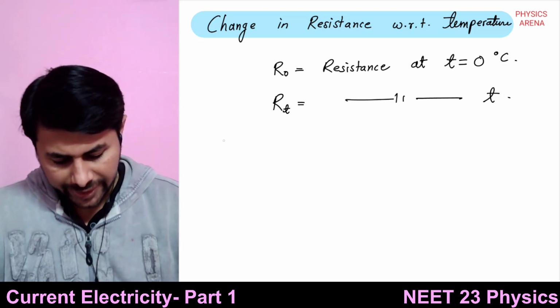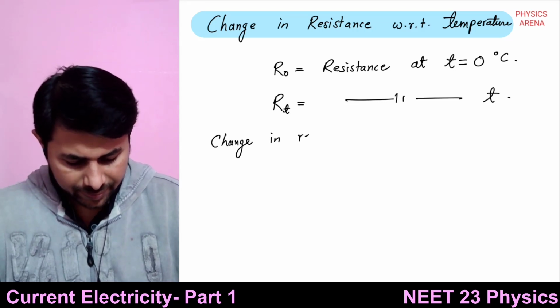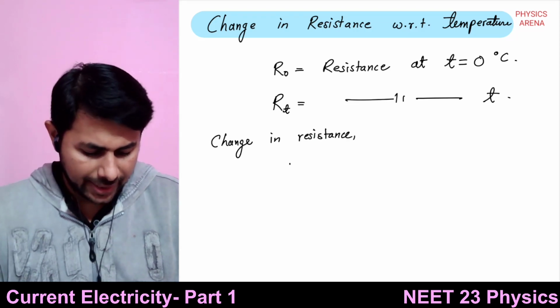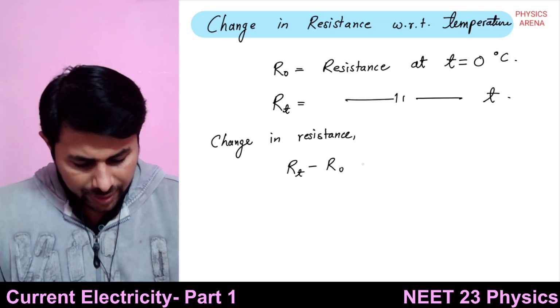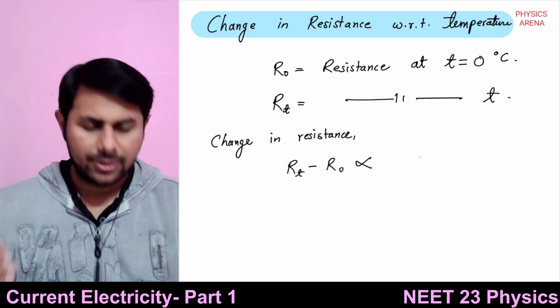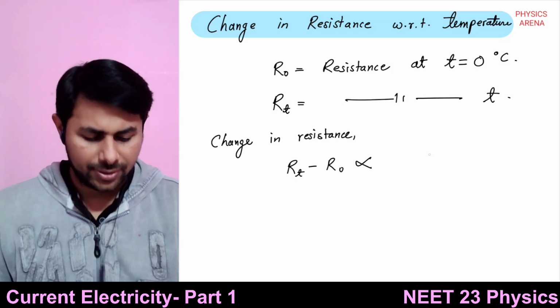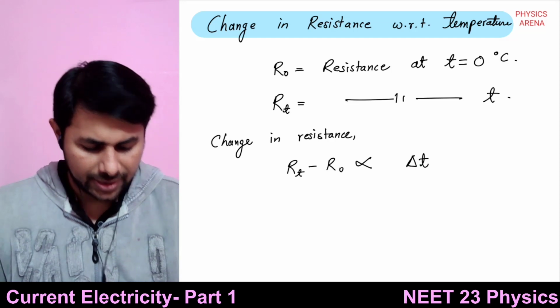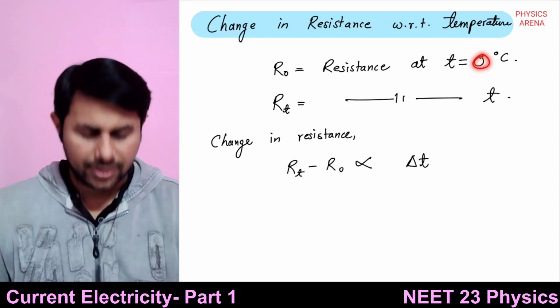What is the change in resistance? The change in resistance is RT minus R naught, and it will be directly proportional to the change in temperature. So I can say the change in temperature is delta T, which is T minus T0.